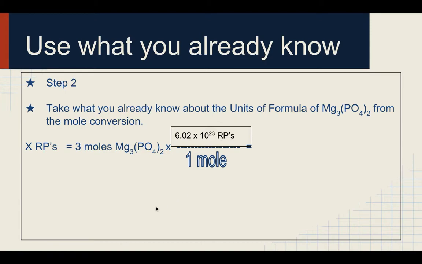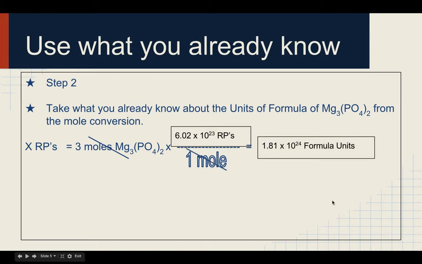Now I have to decide, am I going to divide? Am I going to multiply? Well, always we take this here, multiply it, and then divide. When you divide by just 1, it's not going to be anything other than what you had before, so we just multiply. So 3 moles times 6.02 times 10 to the 23rd, cancel out this mole with this mole here, and I get 1.81 times 10 to the 24th formula units.